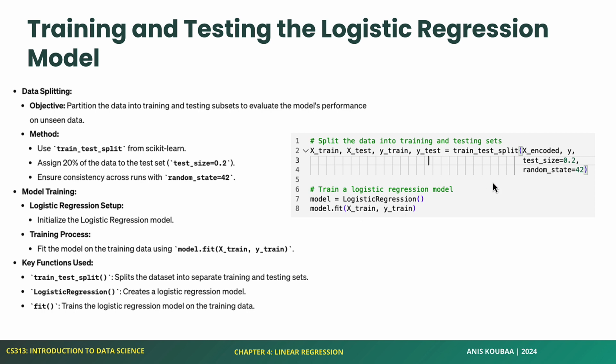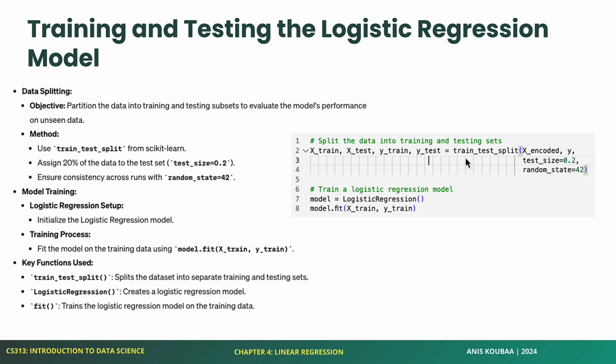Now we have X encoded and Y, and we need to split our data set into train and test data sets. Why do we need to do that? We will train on the training data set, and then we will predict using the testing set to see whether we have good accuracy or not.